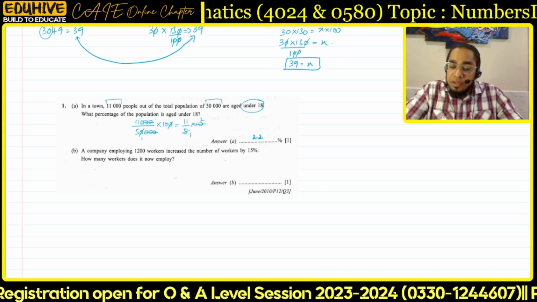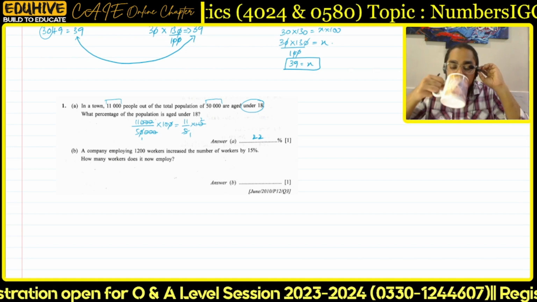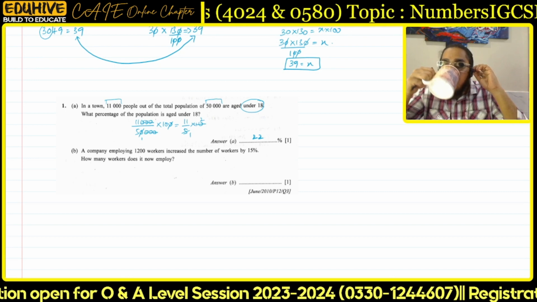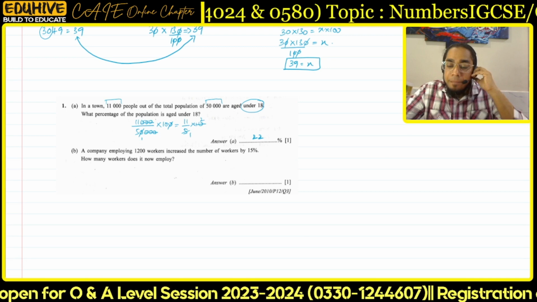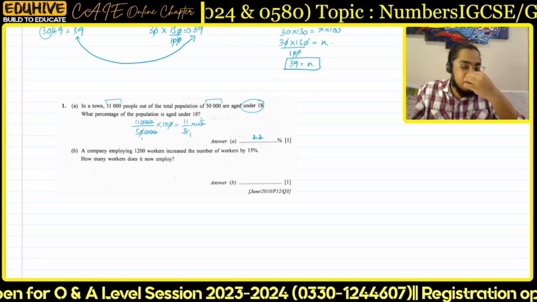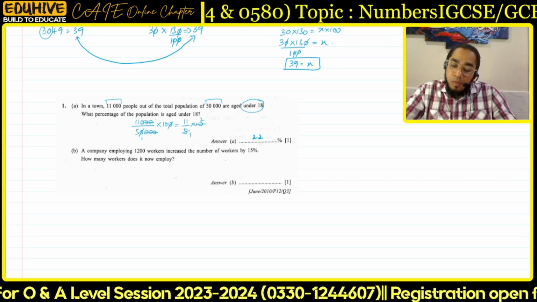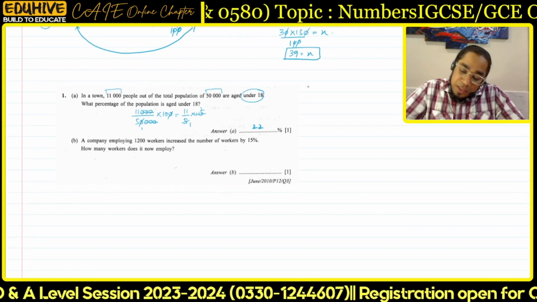I got only one answer, and I'm just waiting for other two. Okay, Simra, this is the basic formula, beta.